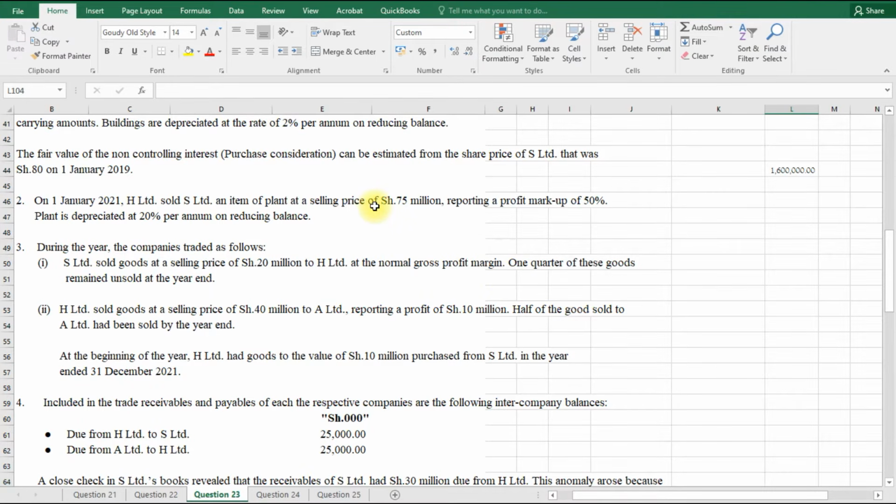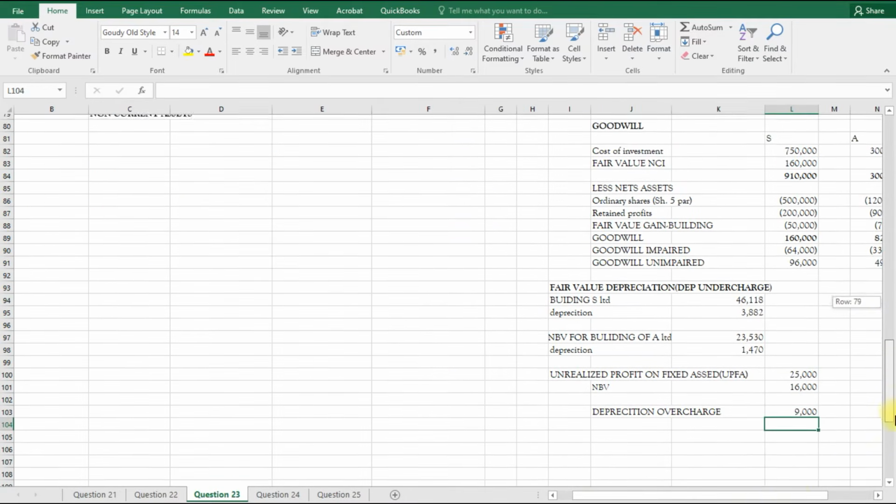So this one is our intercompany sale, H selling to S. We calculate that here.